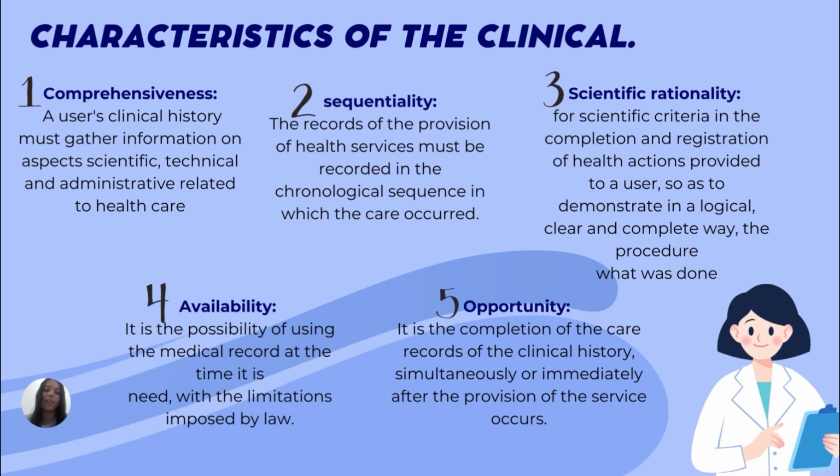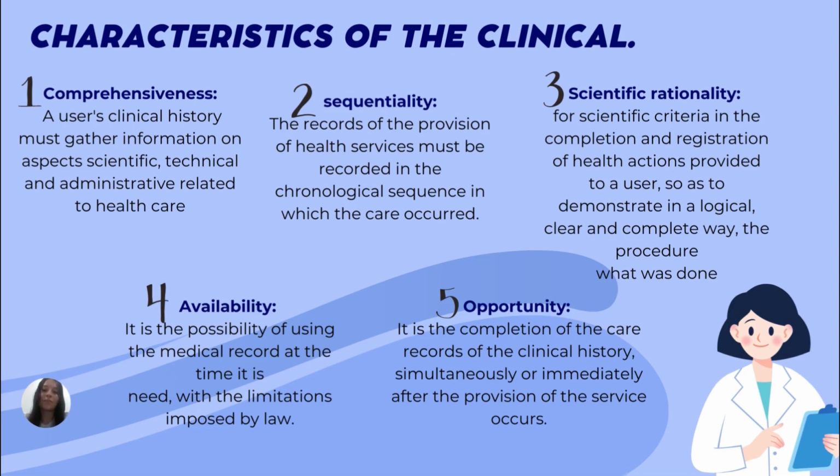Characteristics of the clinical history. 1. Comprehensiveness. A user's clinical history must gather information on scientific, technical, and administrative aspects related to health care. 2. Sequentiality. The records of the provided health service must be recorded in the chronological sequence in which the care occurred. 3.